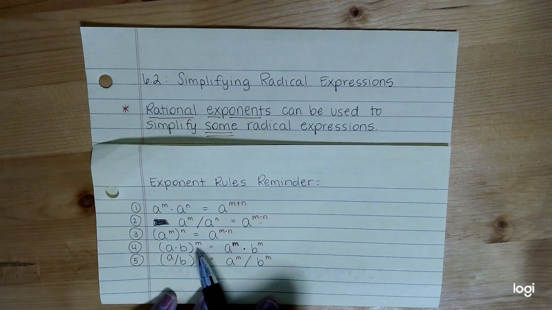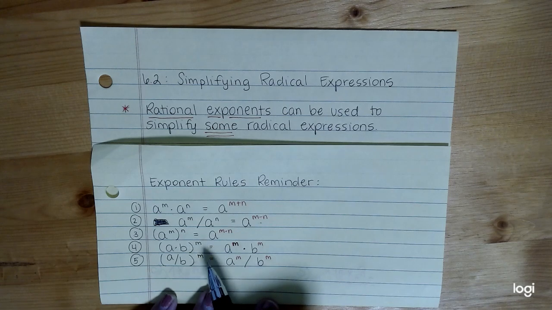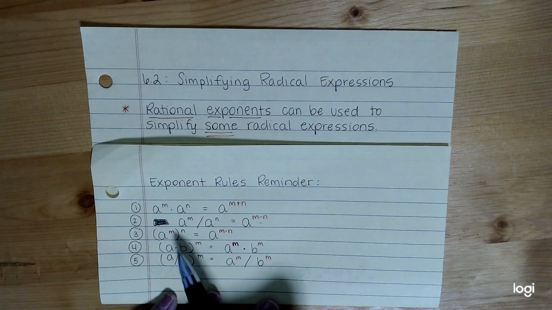So a lot of people like to refer to this as kind of like a distributive property with that exponent, but you have to be very careful with that line of thinking, because this only applies with our product and our quotient. So notice that's not a plus sign and that's not a minus sign. So this rule doesn't apply to sums and differences, just products and quotients.